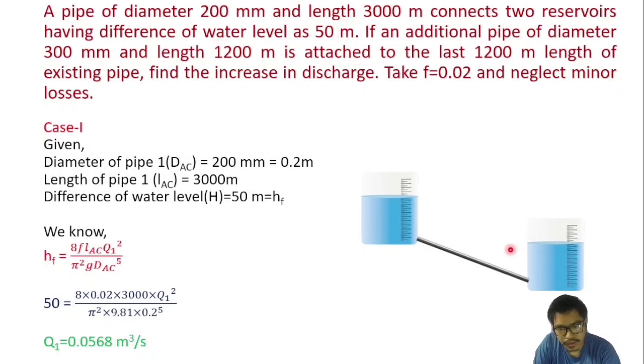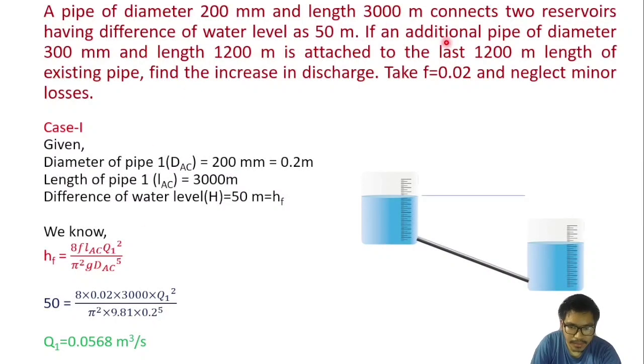From here to here it is 50 meter. So difference of water level is 50 meter, which is also equal to hf. We first calculate discharge in this condition by this formula. So discharge is 0.0568 meter cube per second.